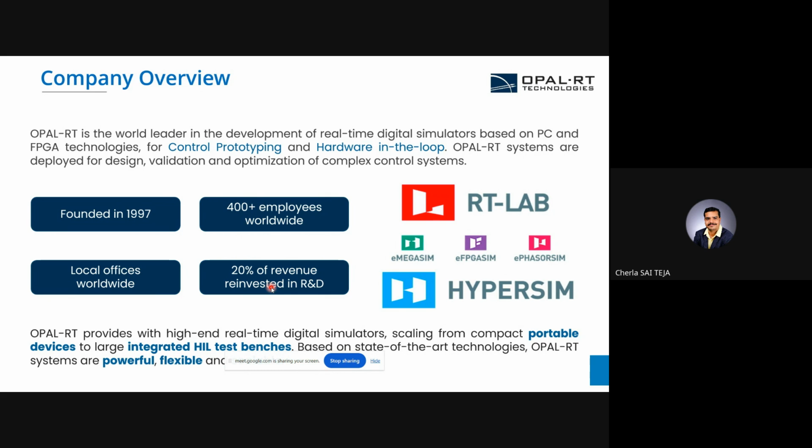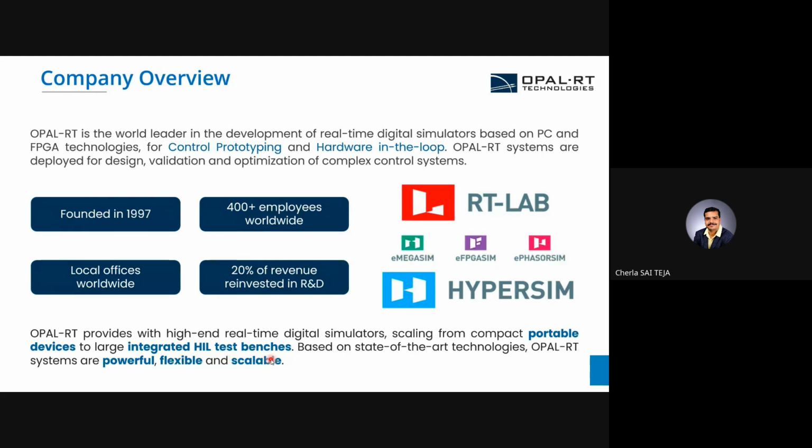And one good part about OPAL is that every year 20% of the revenue we achieve is reinvested in R&D, so that every year we come up with a new platform for both hardware and software to cater to the growing application complexity of the systems and to cater to new industries. So we provide high-end real-time digital simulators, scaling from compact portable devices to large integrated test benches.